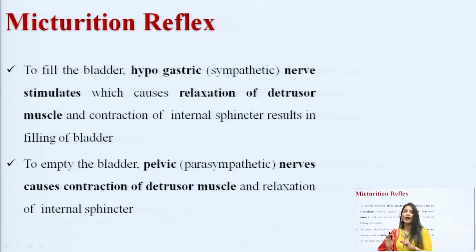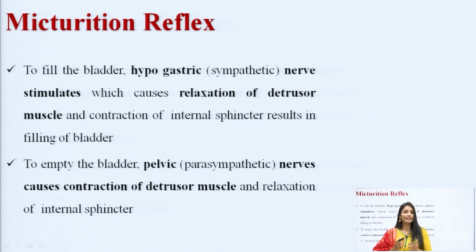Just now I said the internal sphincter is an involuntary control. Whenever you hear involuntary, it is an autonomic control, right? The autonomic system is involuntary. So for the internal sphincter, the nerve supply is parasympathetic and sympathetic.